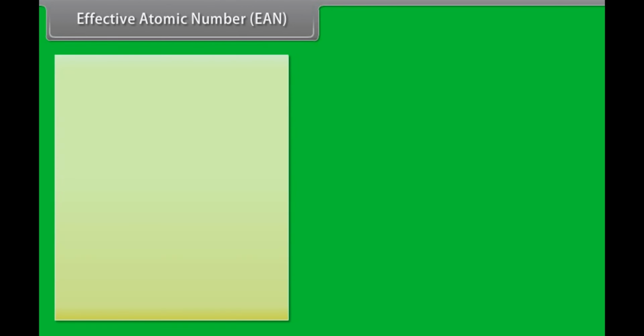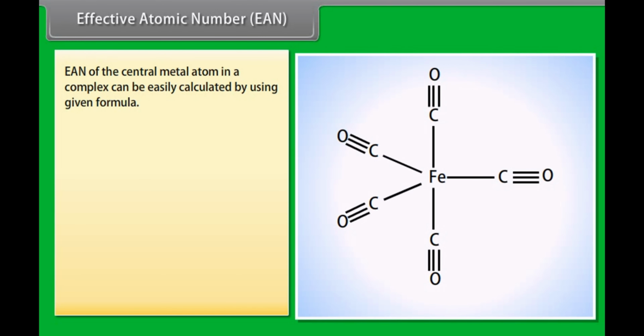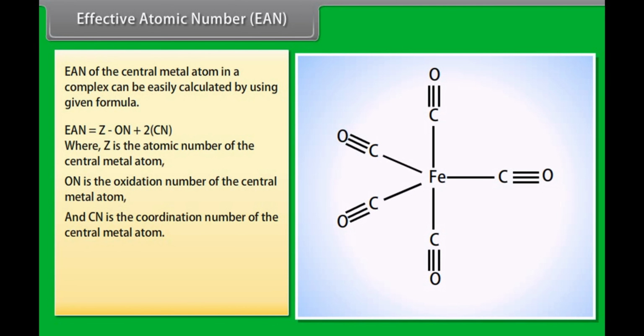Effective atomic number, EAN. The effective atomic number of the central metal atom in a complex can be easily calculated by using the given formula. EAN is equal to Z minus ON plus 2CN, where Z is the atomic number of the central metal atom, ON is the oxidation number of the central metal atom, and CN is the coordination number of the central metal atom.